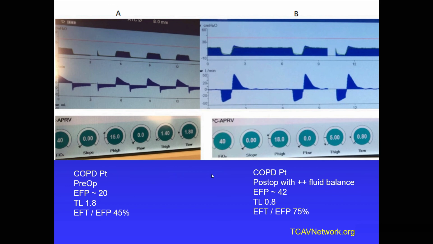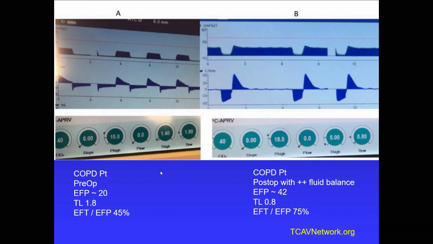After, however, a sizable surgery and significant fluids essentially becoming overloaded, it was necessary ultimately to decrease the T low down to 0.8, and the T high, which was initially 1.4, is all the way up at 5 then, as well as an increase in the P high. And so at this point, really, the patient develops more restrictive issues, albeit on top of some underlying obstructive issues.